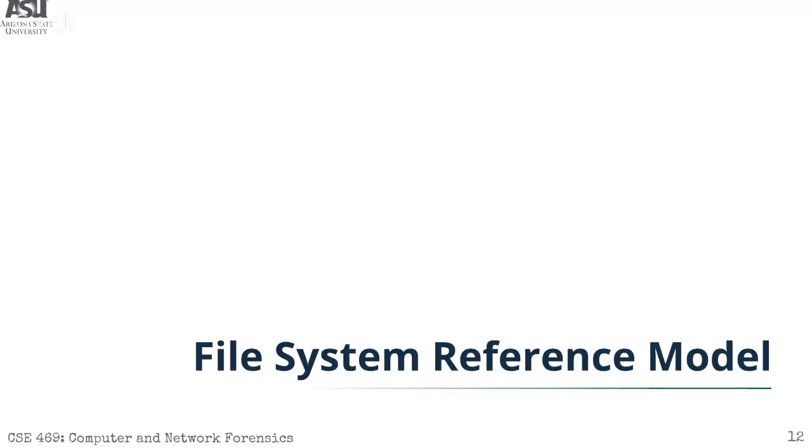Okay, this one's a little bit harder of a question. When using a sequential method to access files, and remember we talked about 3 different methods of accessing files, sequential is one of them, what happens when you write data?